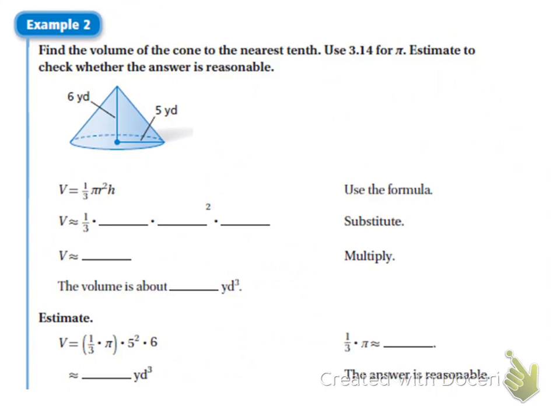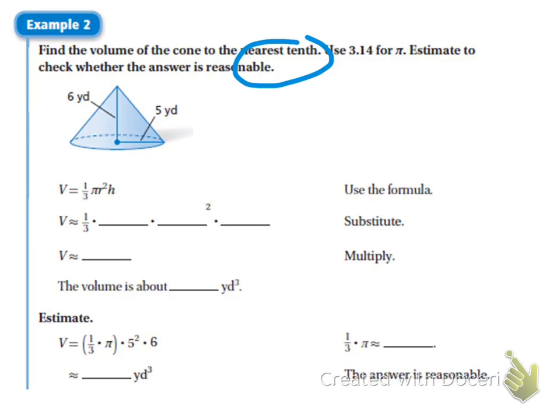Example 2, find the volume of a cone to the nearest tenth. Use 3.14 as pi. We're going to estimate at the end to see if our answer was reasonable. If not, then we're going to reject our answer. Okay, let's look at the formula we have for a cone.